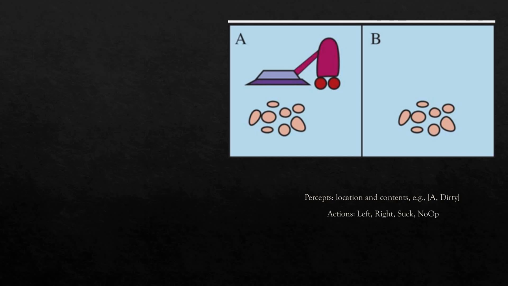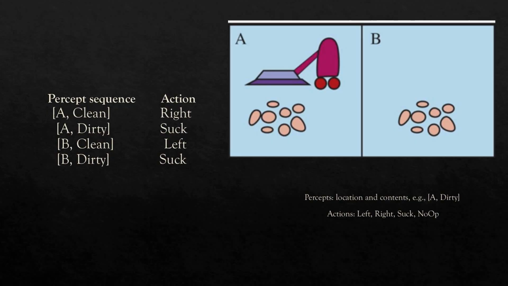The actions the agent can take are: it can go left, it can go right, it can suck, or it can do no operation. So these are the percept sequences and the actions we have.